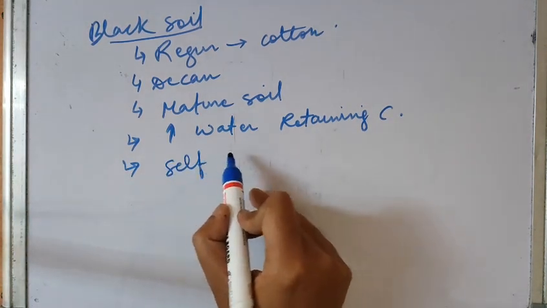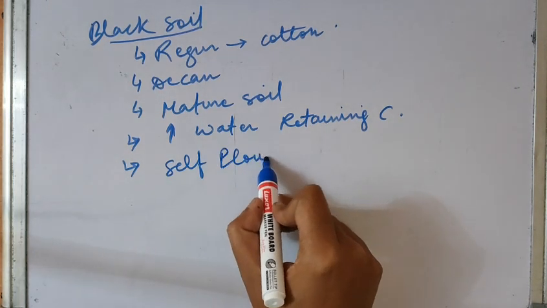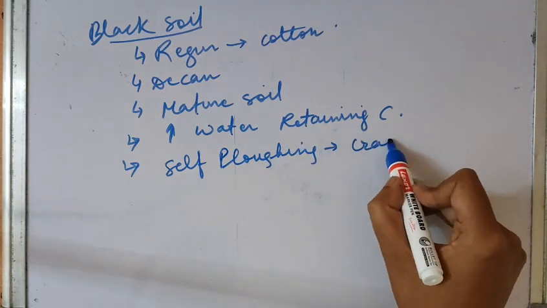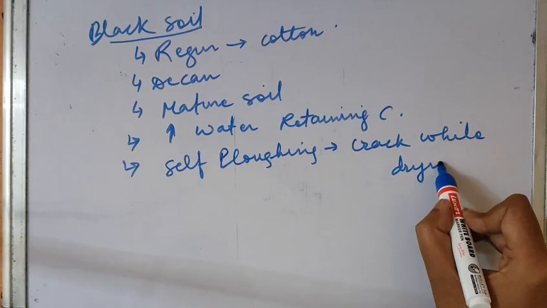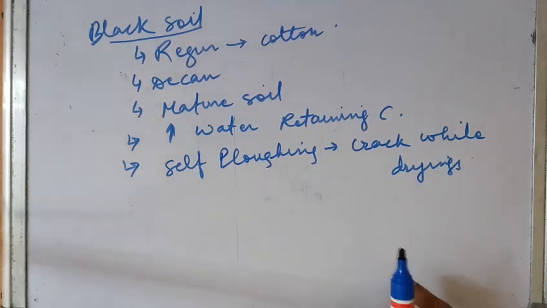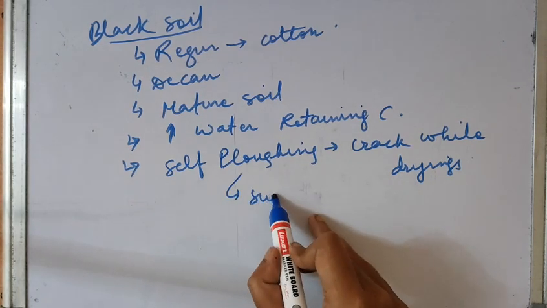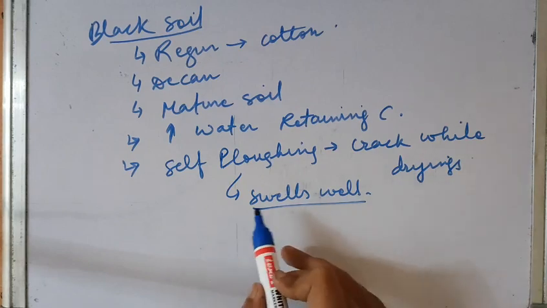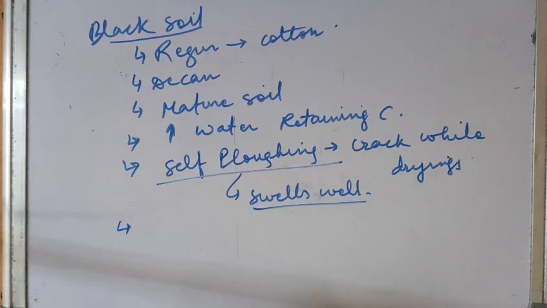A characteristic of black soil is that it is self-plowing. That is, it cracks while drying, and it swells well when it absorbs water. So swelling and drying phases make it self-plowing.